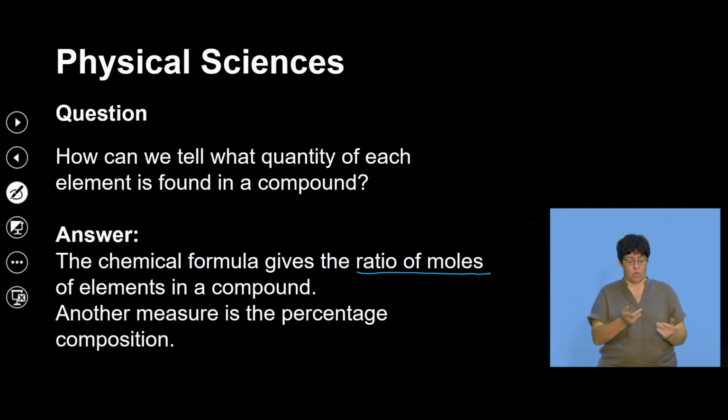Very, very important. It's the ratio of moles, because quantity of matter is actually in moles, of elements in a compound. So the chemical formula gives us the ratio of moles of each element in a given compound. Another measure is to express that as a percentage, which has to do with percentage composition.